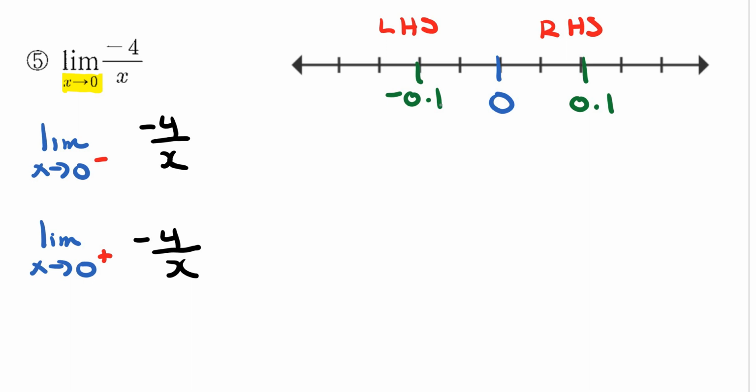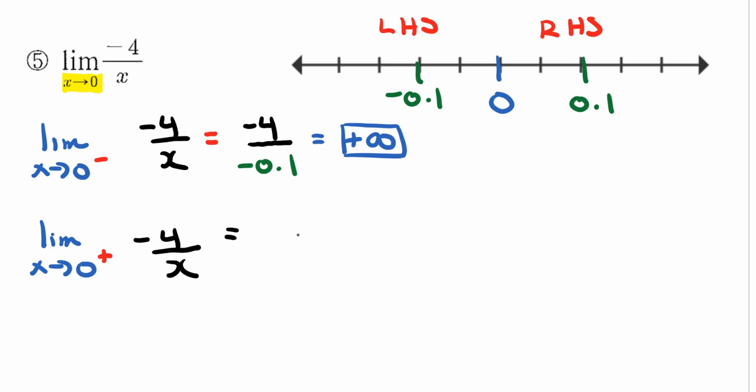And then we'll do a direct substitution here. If I do a direct substitution, I get negative 4 on the top, and on the bottom, on the left-hand side, I get negative 0.1. On the left-hand side here, it's going to be negative over negative, which gives you positive infinity, right? Both the top and bottom are negative, and 2 negatives give you a positive, so positive infinity there.